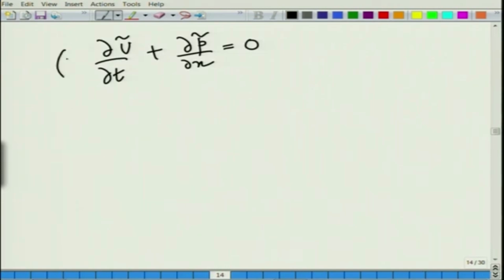Rho tilde again will be a second order quantity. Rho tilde into del del t of u tilde will be a smaller quantity, which we neglect. So, rho naught times this thing is equal to 0.